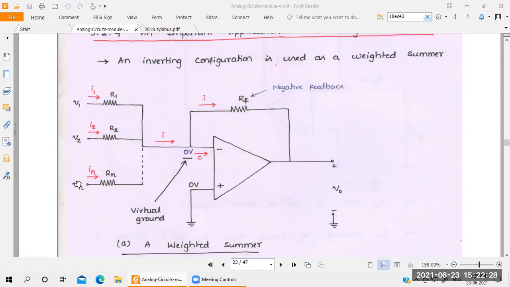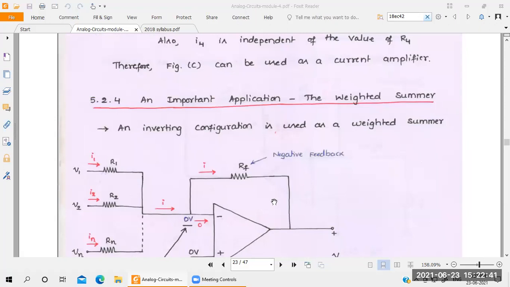For the source they have taken multiple sources, not a single source here. See this one, they have taken multiple V1, V2 up to Vn. You can use any number of sources here. So connect any number of sources to the negative of the op amp. Then we can find out the V0 by using the feedback resistor. So what is the name of the circuit here?